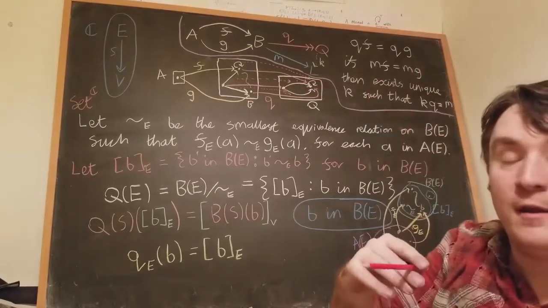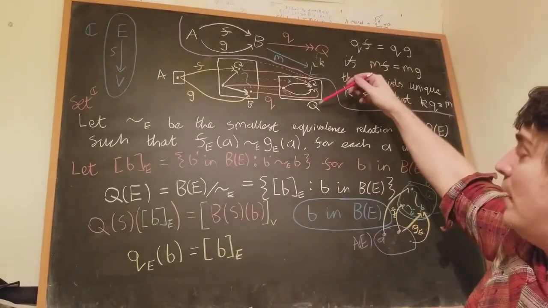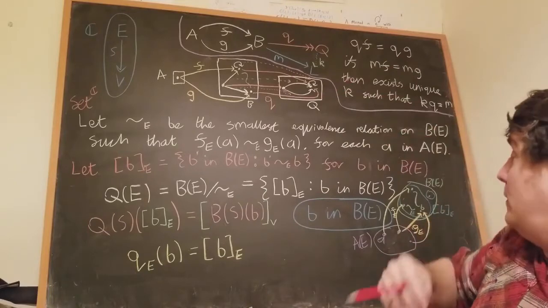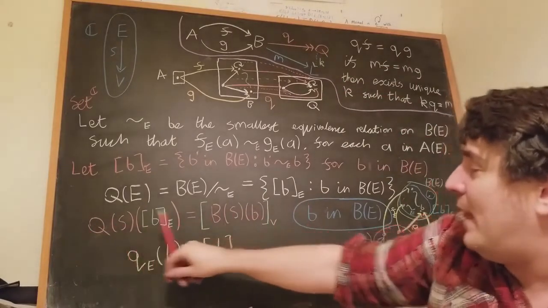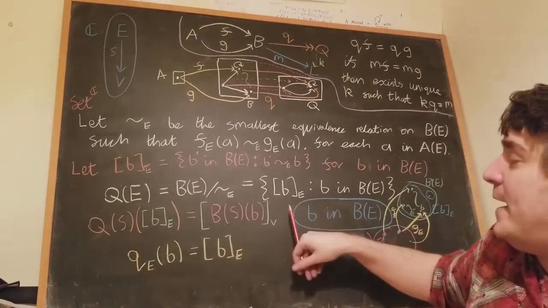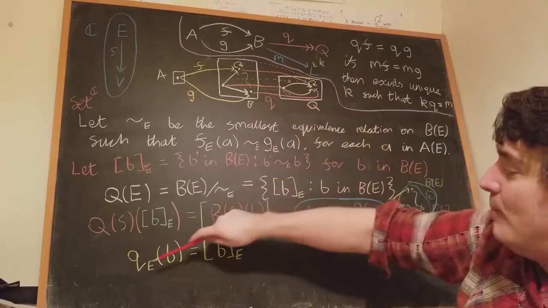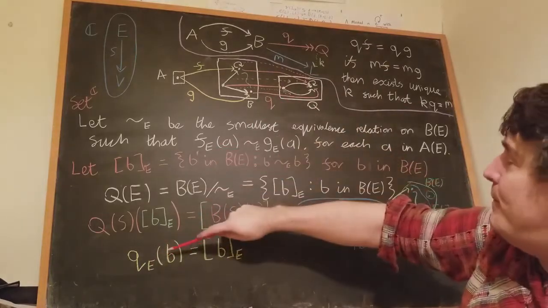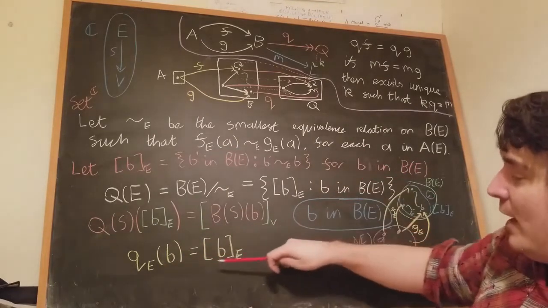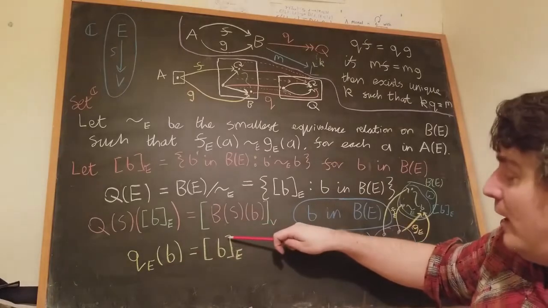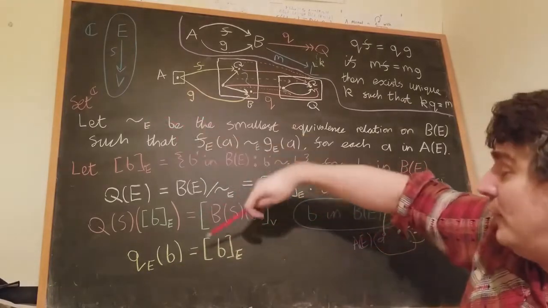Well, that's a question about how the actions work on this Q. And basically, it's answered by this formula here, okay? So remember, this little Q here, the eth component of it is going to send an element B of capital B of E to this equivalence class of B using this tilde E equivalence relation, okay?